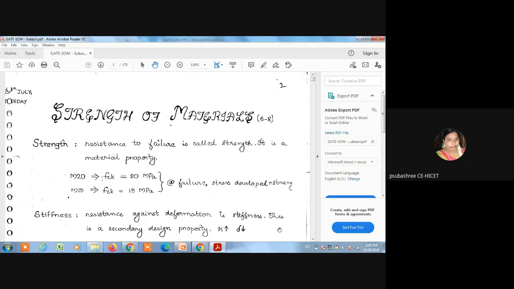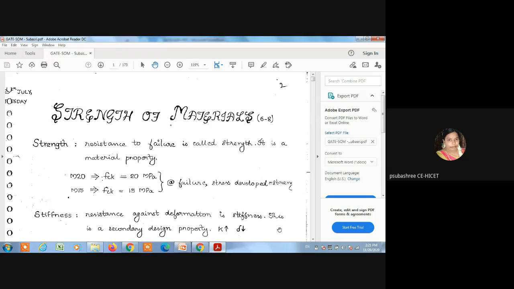For example, M20. What do you mean by M? Anybody know? M means mix.